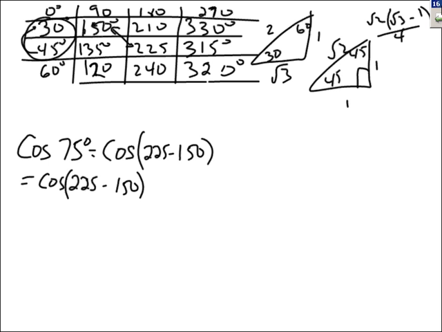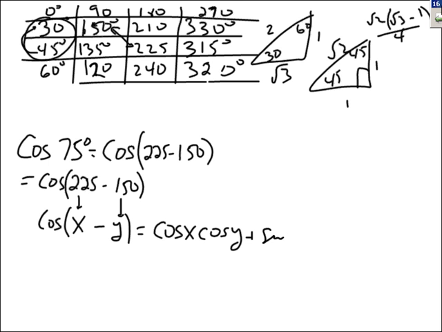And let's see the rule we're going to use. Here we're going to use the rule for the cosine of x minus y. And that rule is just going to have the plus in the middle. This is cosine of x times cosine of y plus the sine of x times the sine of y.